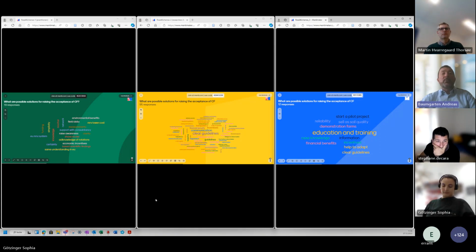So we still obviously have to work on the raising of the awareness for these carbon farming systems. So maybe also the developments on the European level will help with respect to this. However, this is definitely something that has to be worked on in the different member states.